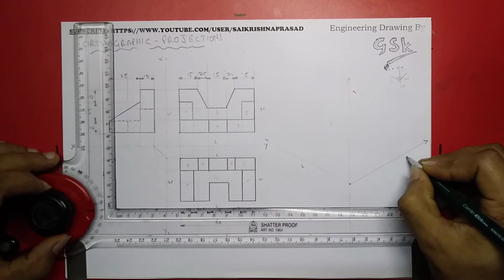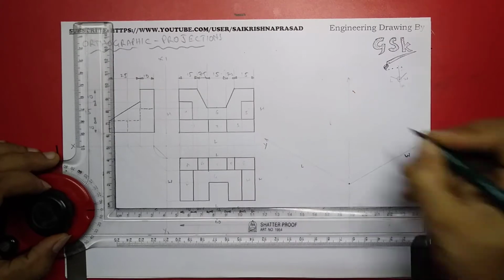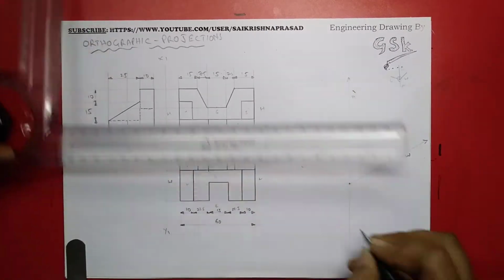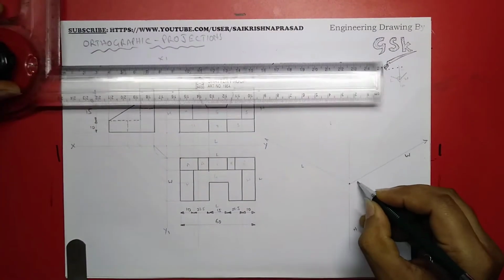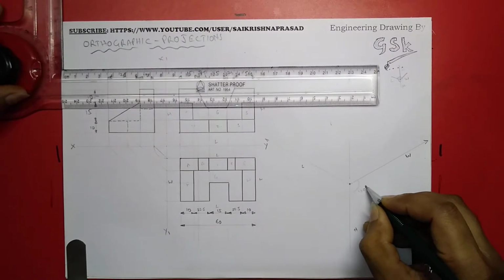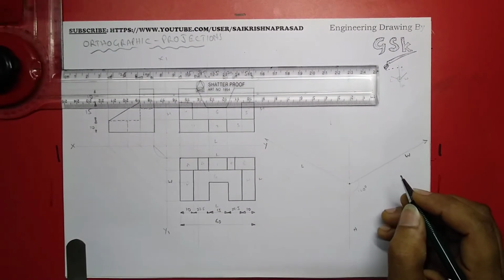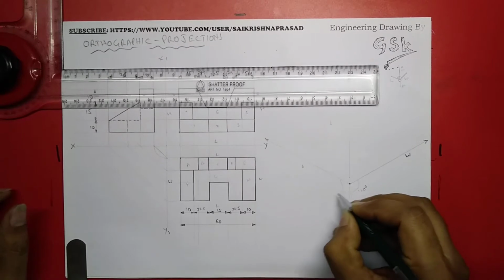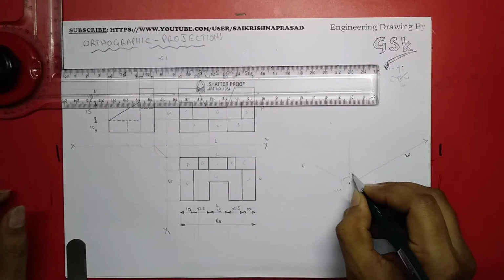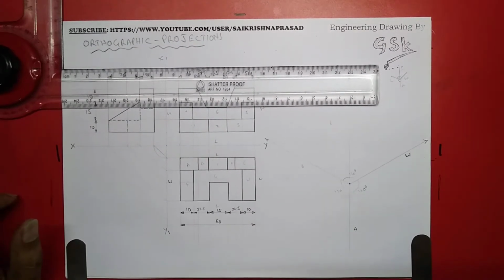This would be the length, width and height. You can see this angle is 120 degrees. This angle 120 degrees. This angle 120 degrees.